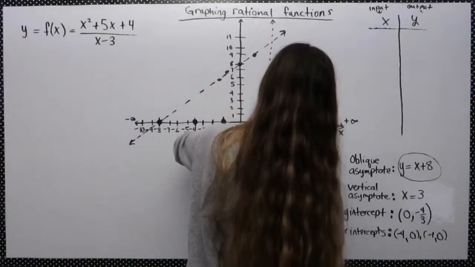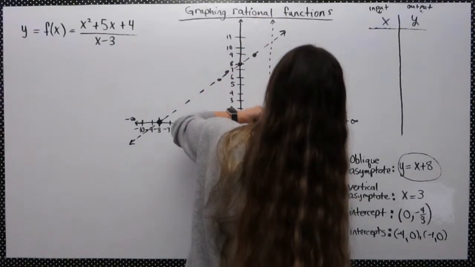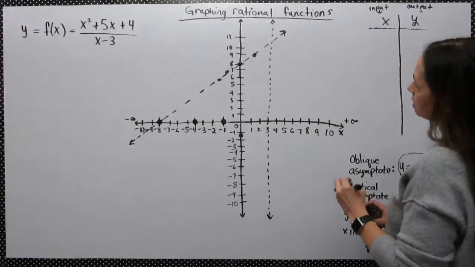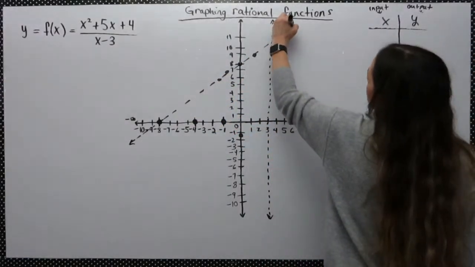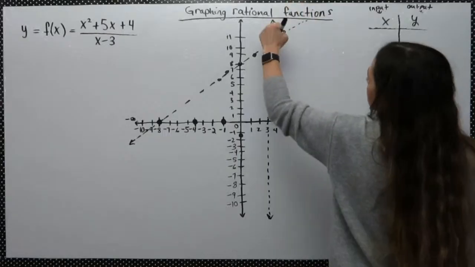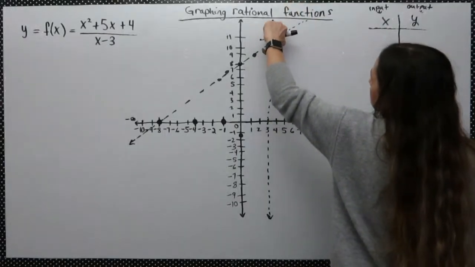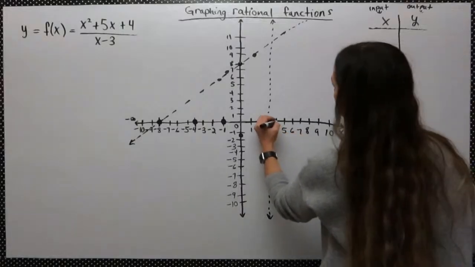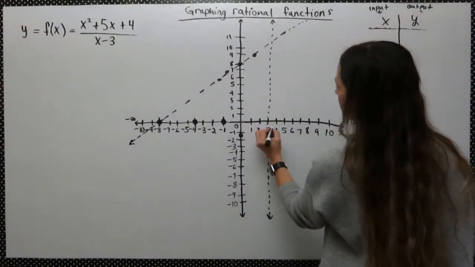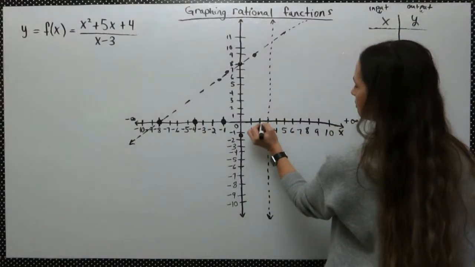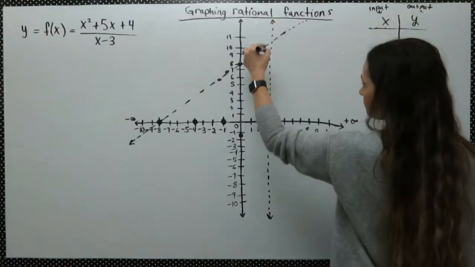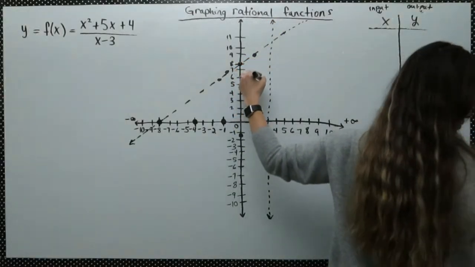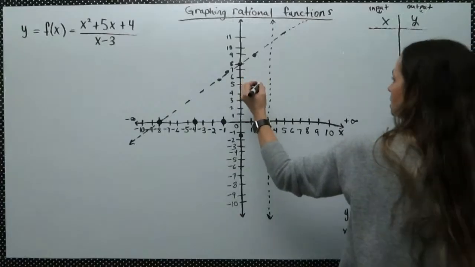So I'll have to, let's see, we're going to evaluate it at, I'm trying to figure out where I want to evaluate this function. So I definitely want to know what it's doing on both sides of this vertical asymptote here, and also right in here. Okay, so we'll go ahead and start there.